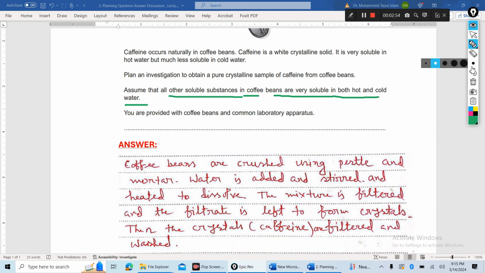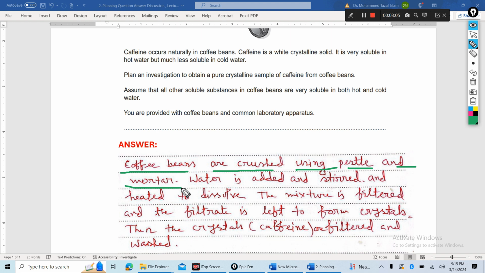So first, coffee beans are crushed or ground using pestle and mortar. Then water is added and stirred. After that, the mixture is heated to dissolve, then caffeine will be dissolved.